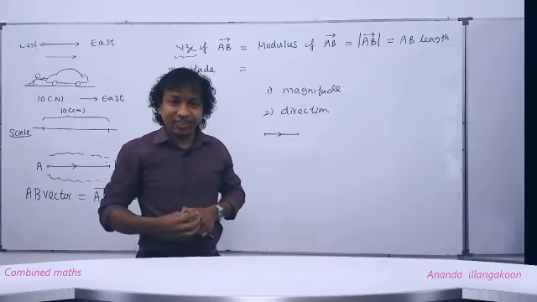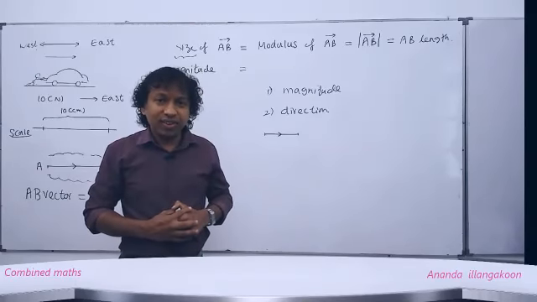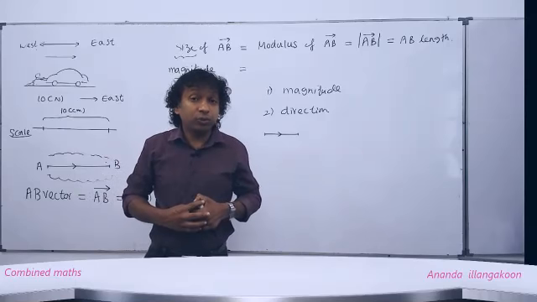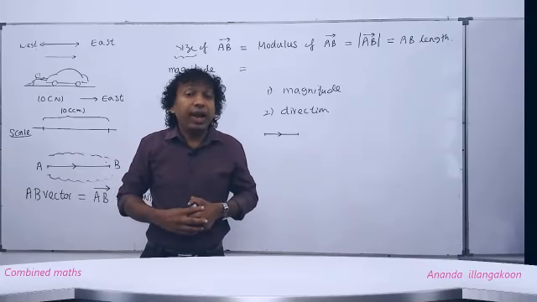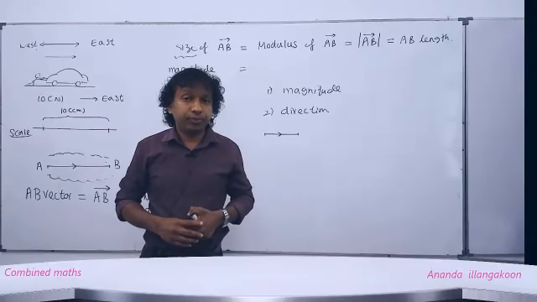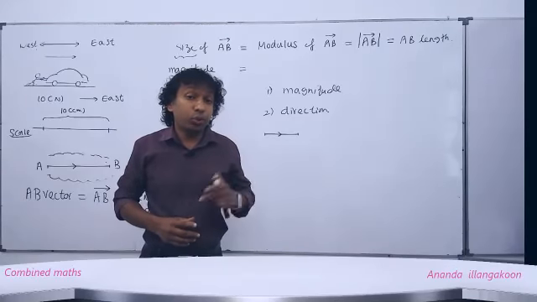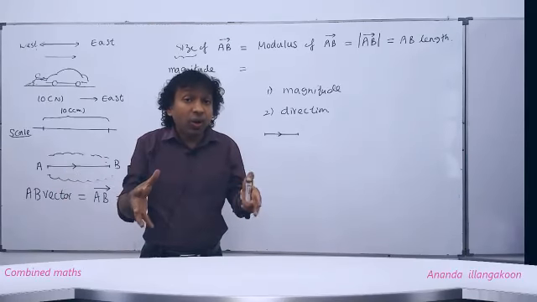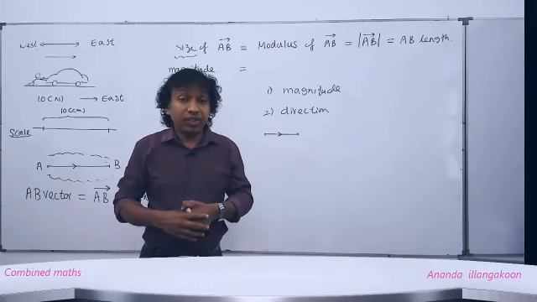Everything must be equal for them to be equal. So what I'm trying to tell you is, if a particular physical quantity has many qualities, it is difficult to find another equal physical quantity to it. Why? Many qualities should be equal between them. Then only we can say they are equal.